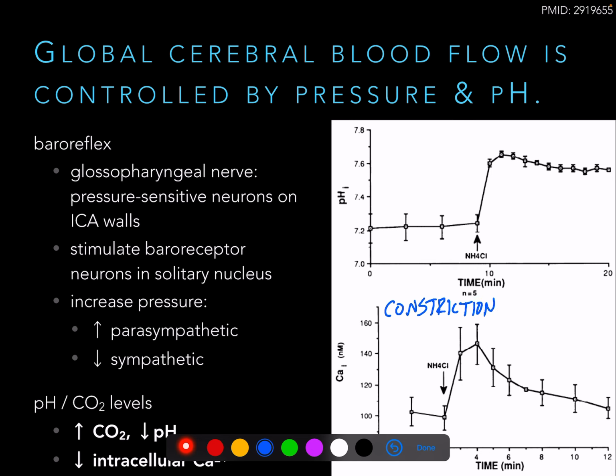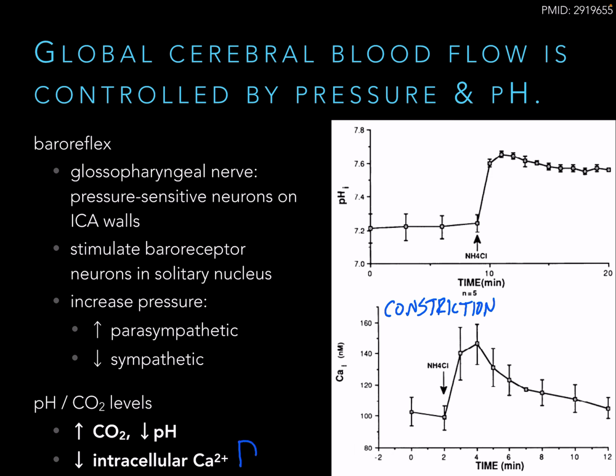So this is the opposite of what happens when carbon dioxide builds up, right? If carbon dioxide builds up, then there should be a drop in pH. If we drop pH, that decreases the amount of calcium that's floating around, causing, instead of constriction, dilation.